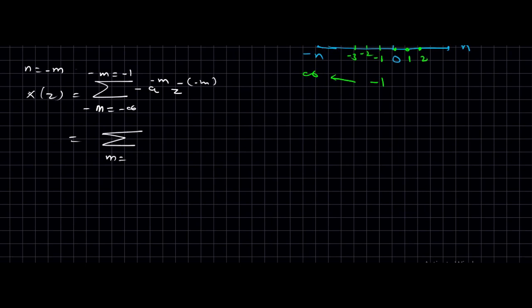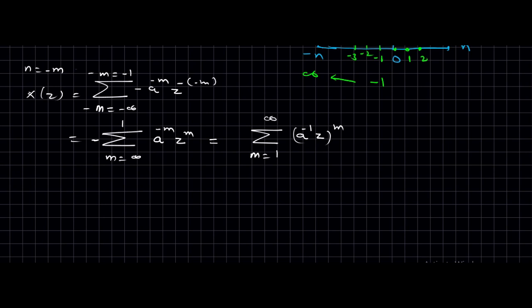Let us take the minus outside. So it is a raised to minus m, z raised to plus m. Simplifying further, we take m equal to 1 to infinity, and it is a raised to minus 1, z raised to plus 1, all raised to m. Same thing we have written.